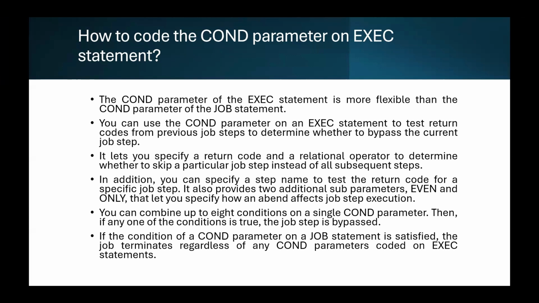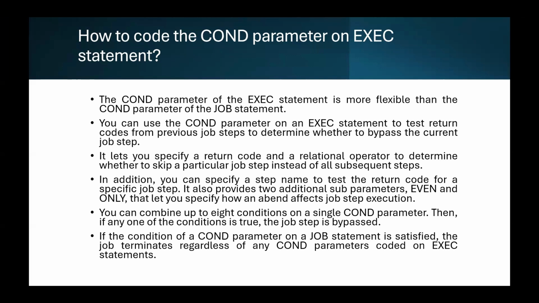If the condition of the COND parameter on the JOB statement is satisfied, then the job terminates regardless of any COND parameter coded on the EXEC statement. It is a very important thing here. So you are putting some condition parameter on the JOB statement, and you are also providing some condition parameter on the EXEC statement. If the condition parameter of the JOB statement is satisfied, then whatever condition you write on the EXEC statement, it will not be checked.